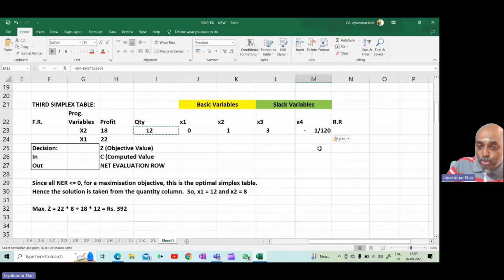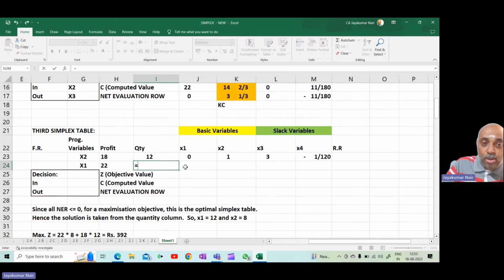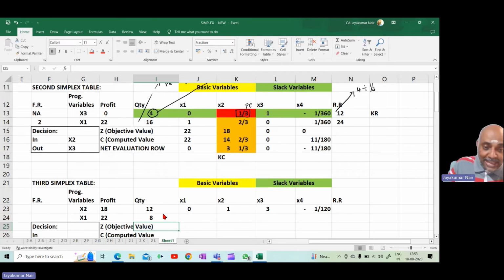You get these values. For the non-key row, what should you do? You have learned it in the second simplex table. You take the existing value minus, open the bracket, the key row element into the fixed ratio, that is 2. So how did I get this value?